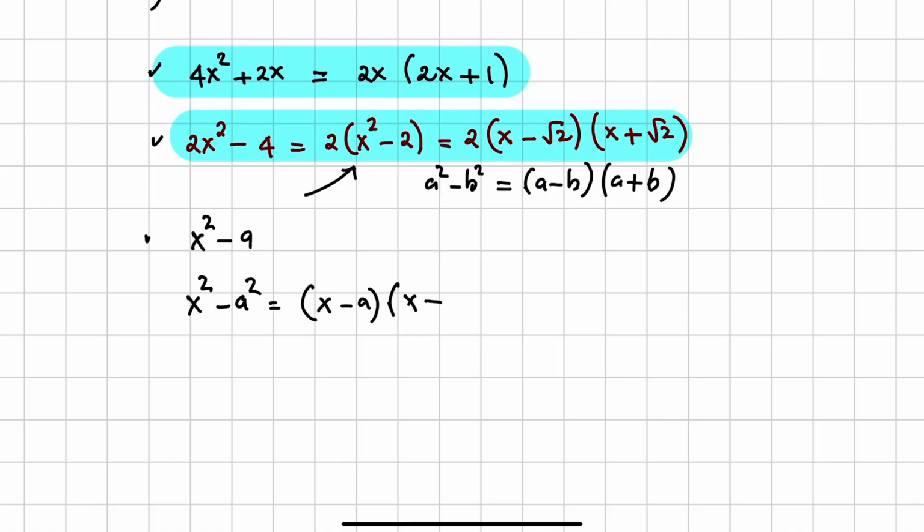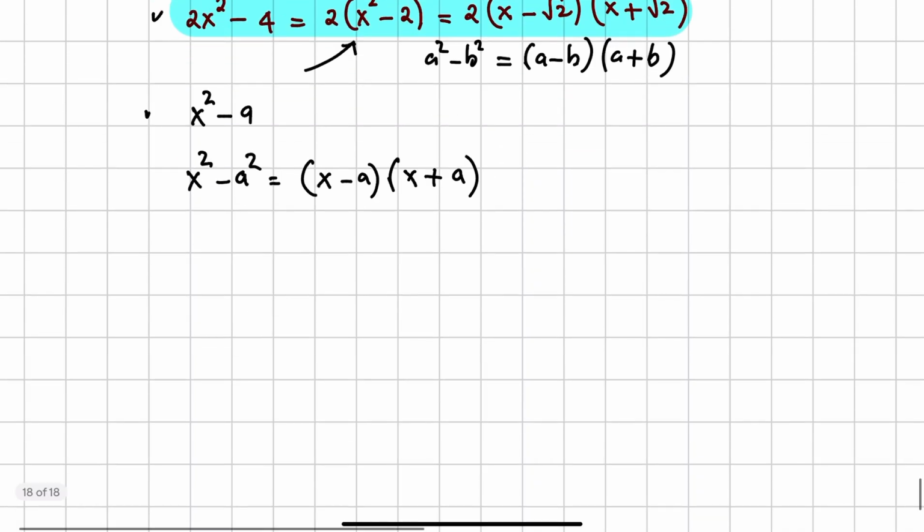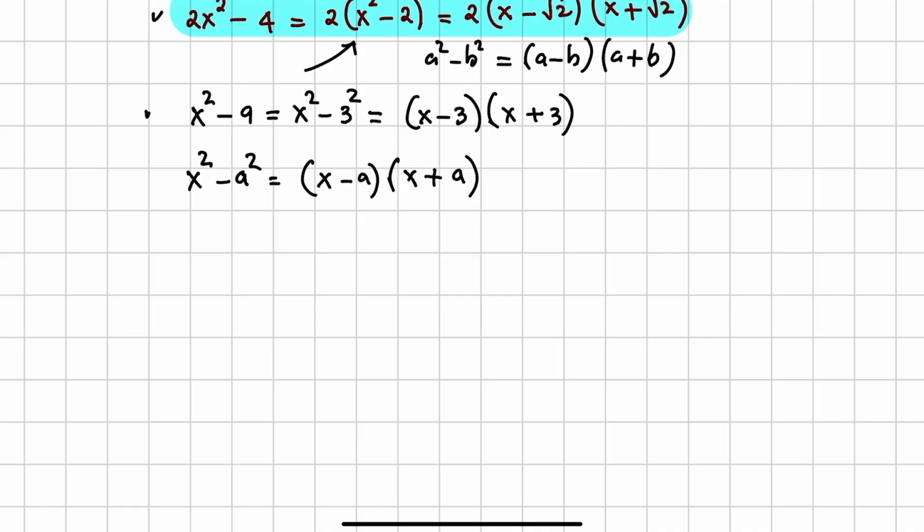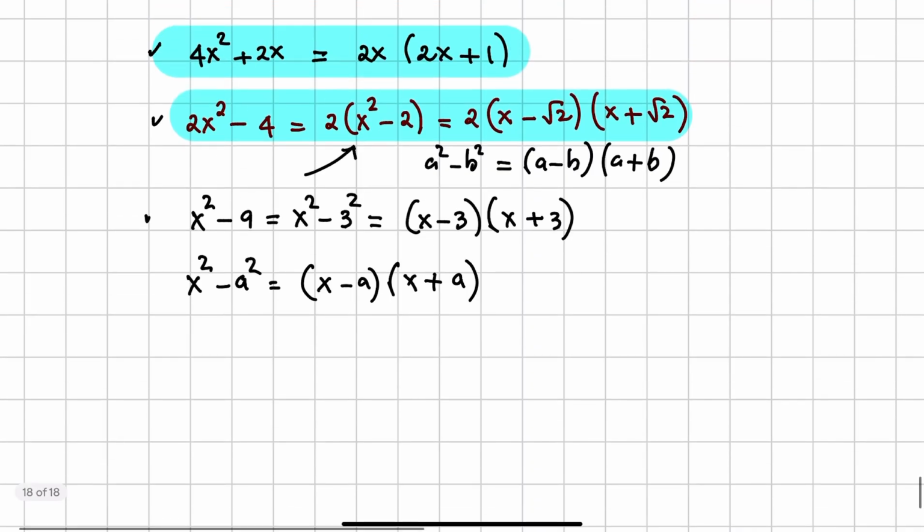We can make 9 a perfect square. So we can write it as 3 squared, and it can be written as x minus 3 times x plus 3. So this is what we can factorize in quadratics.